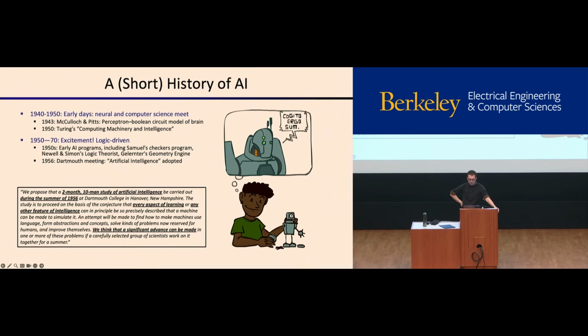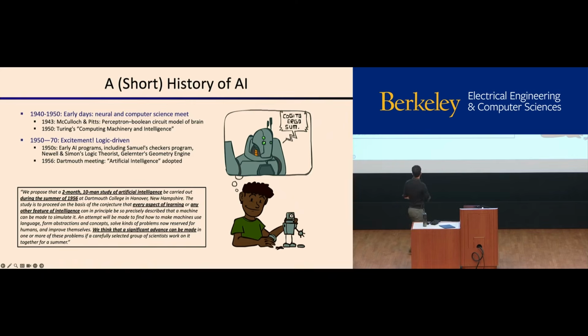The study is to proceed on the basis that every aspect of learning or any other feature of intelligence can in principle be so precisely described that a machine can be made to simulate it. We think that a significant advance can be made in one or more of these problems if we carefully select a group of scientists to work on it together for a summer." This was in 1956.